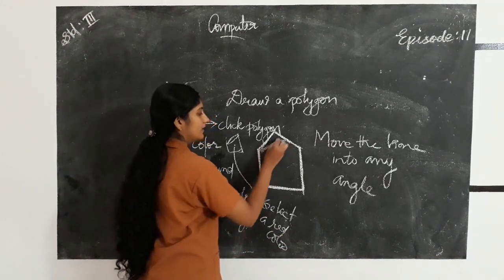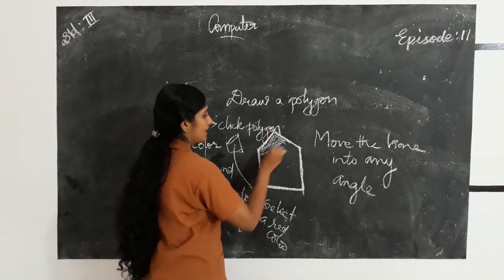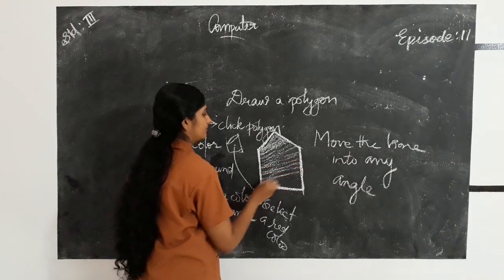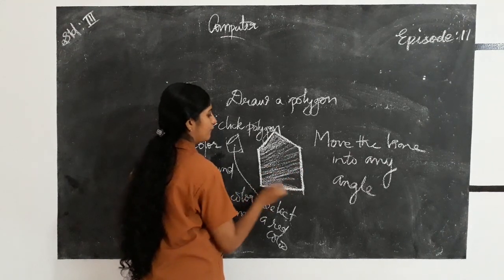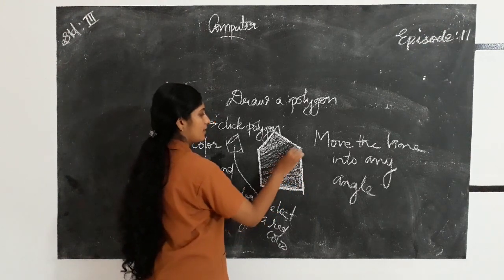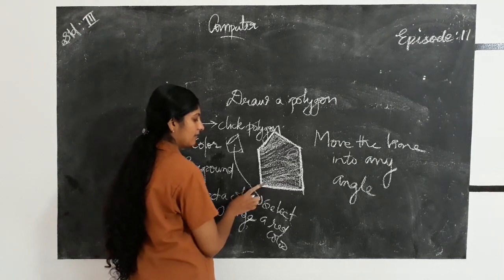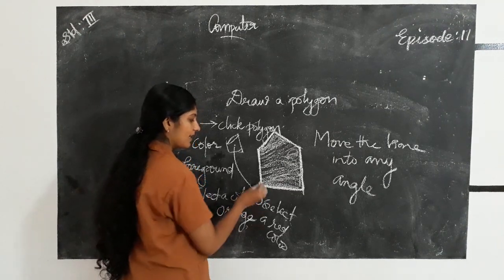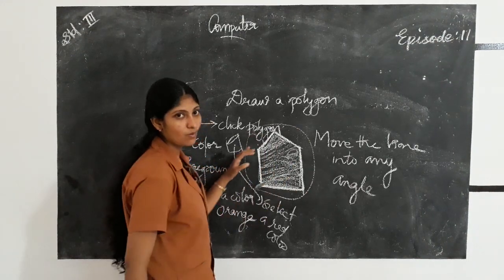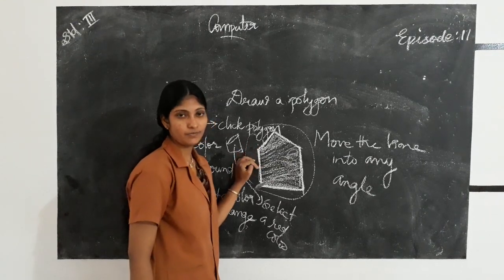Finally, this is a closed shape, so the red color is filled inside the shape. If there is any leak in the shape, what happens? The red color will fill all the outside parts. So we cannot recognize there is a shape in that part, right?